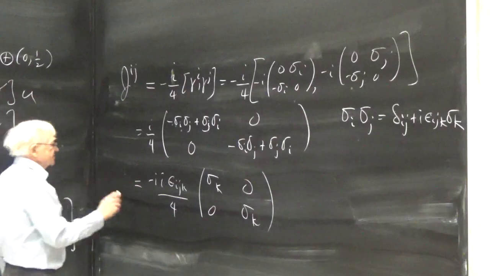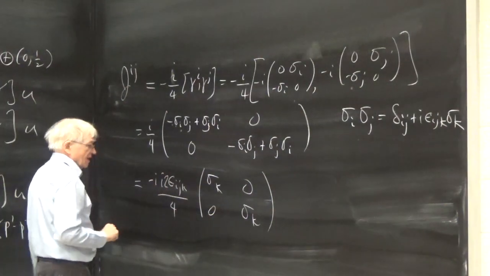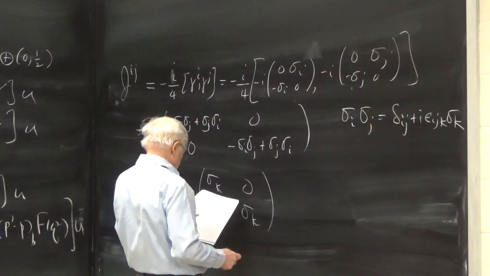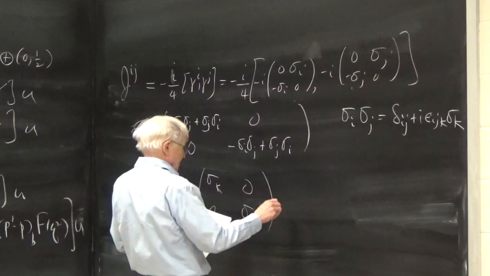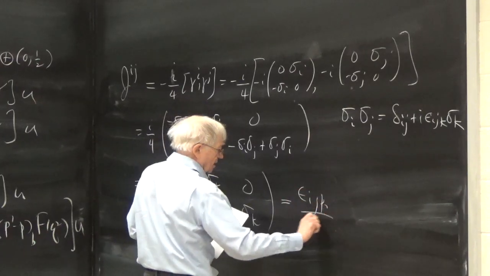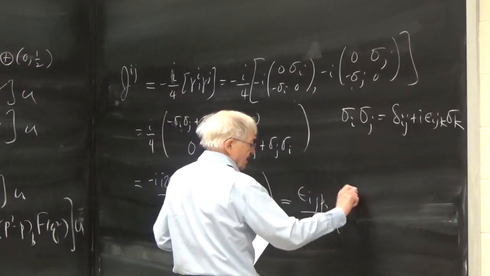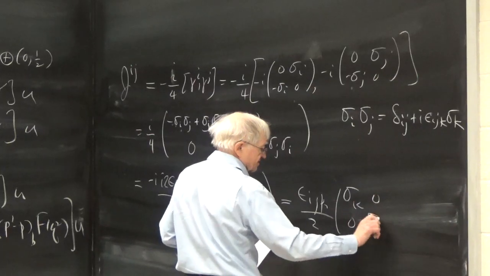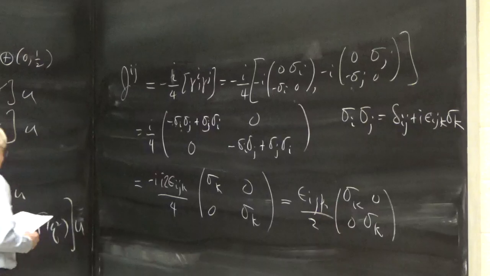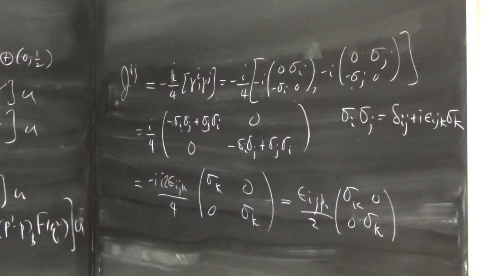Oh, and we have a 2. And I actually got it right. ε^ijk over 2, (σ^k, 0; 0, σ^k). So that's what the generators of rotations look like.